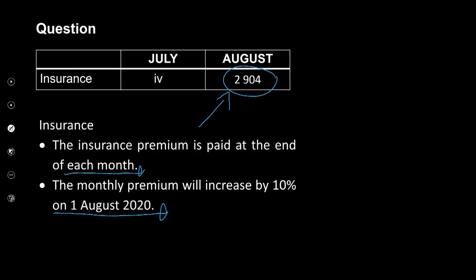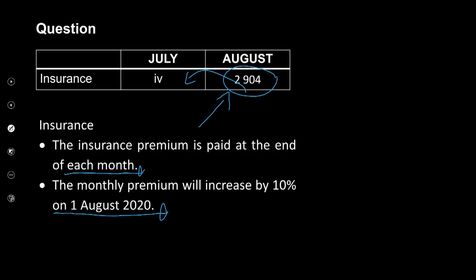So this figure that you're seeing, the 2904, includes the 10%. It has the new premium built into it already. The question wants you to calculate the previous month's premium. Can you see that? A totally different angle to this question. You are expected to calculate the premium prior to the increase.